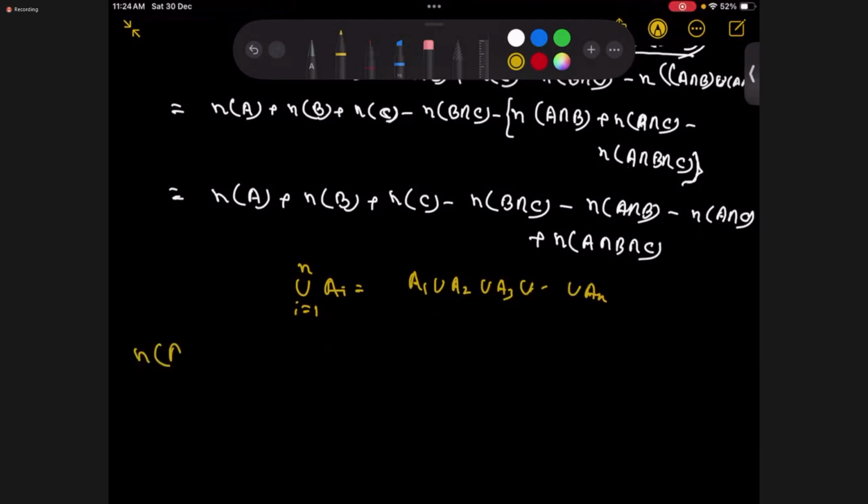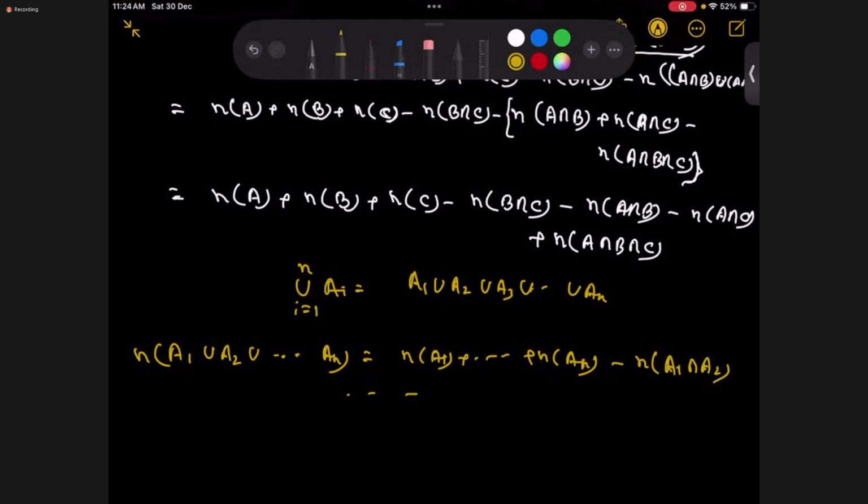Cardinality of A1 union A2 up to AN is equal to, at first, N of A1 up to N of AN minus N of A1 intersection A2 minus N of A1 intersection A3, and so on. We will take all the pairwise intersections of A1 up to AN and subtract all the cardinalities.